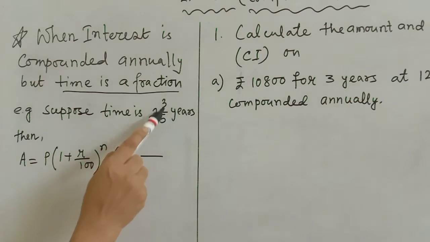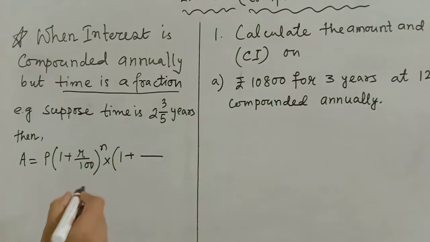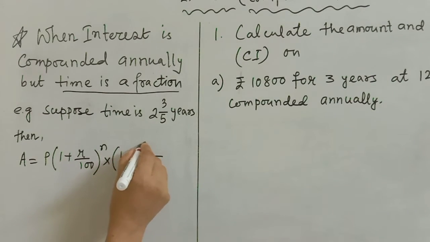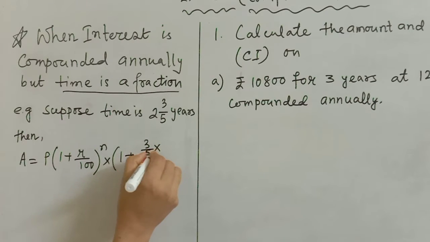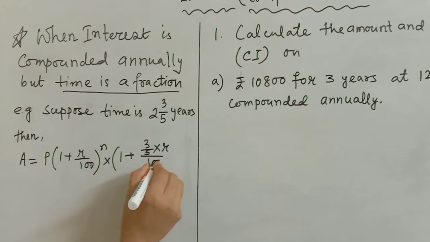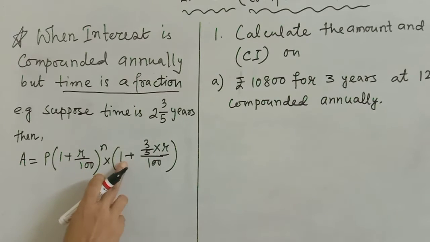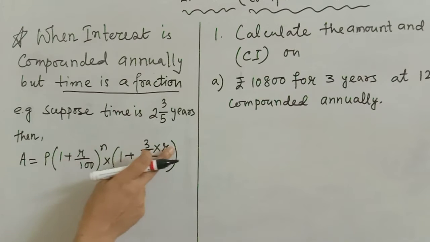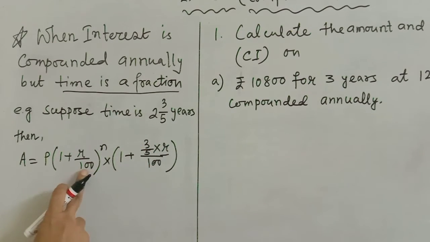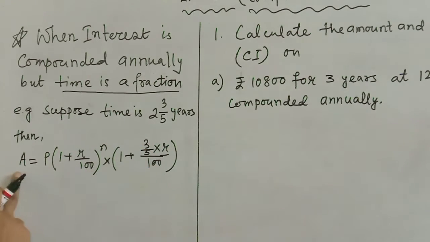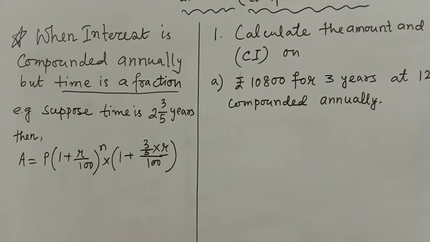But for the fractional part, we do it this way: you write 3 by 5 into R by 100. For the fractional part of the time, you multiply the fraction with the rate, divided by 100. Understood? This kind of formula we also need to use in a few sums.